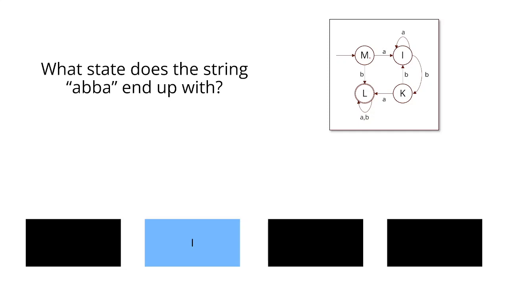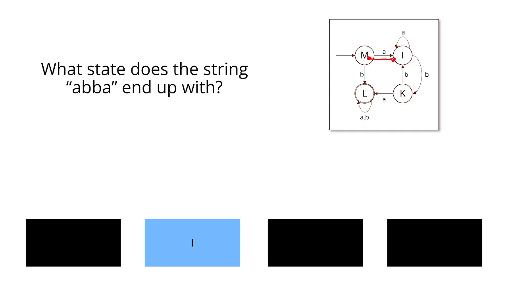So, nata sa state M, di ba? Unsa may una nga character? A. So, kung makita tag letter A, asa man ta padulong? Sa I. Okay, sa I. Next nga character sa atong string unsa man? B. Kung makakita tag letter B while in state I, asa matapadulong?